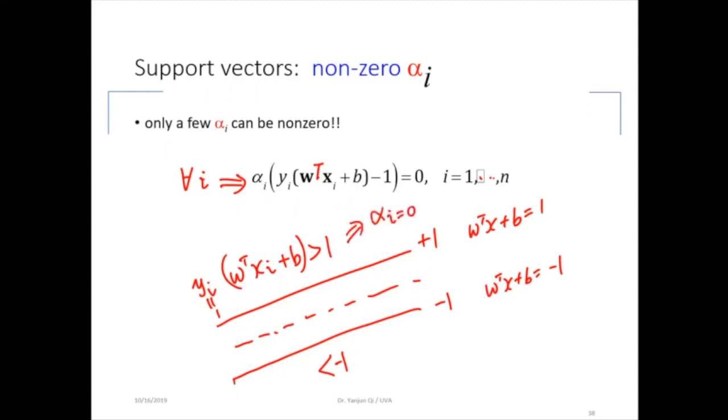Same thing for all the points in the -1 region. The y_i times w transpose x_i plus b will also be larger than 1. In this region, to make this equation equal to 0, the only choice is alpha_i equal to 0.